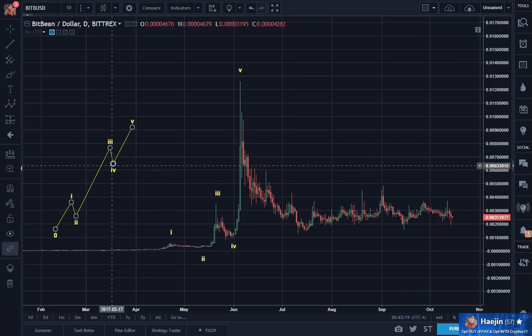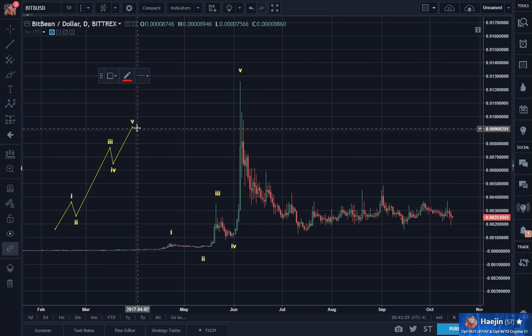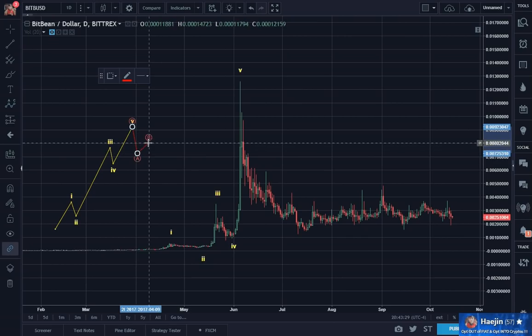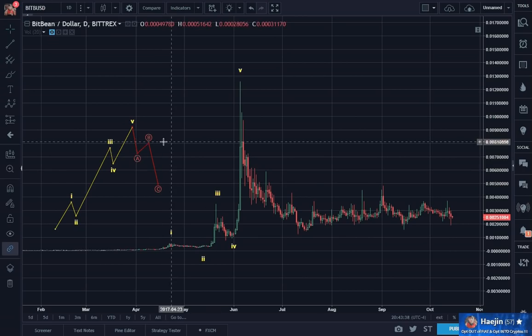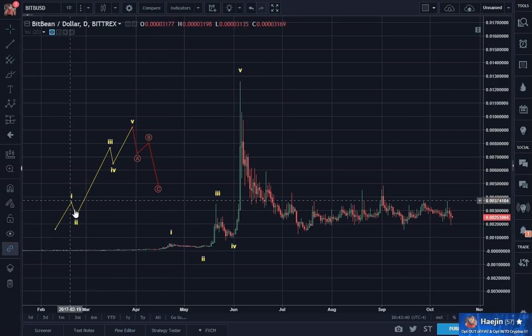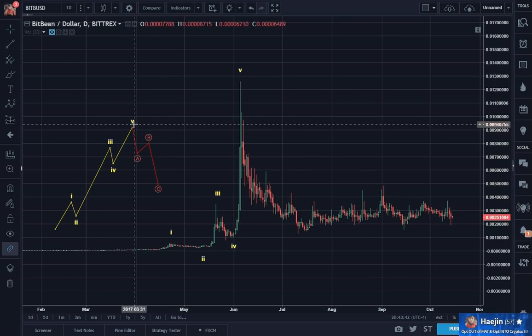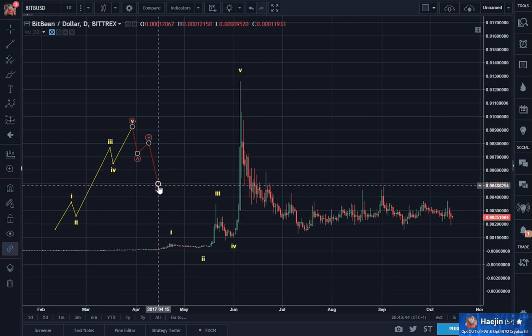When there is a completion of 5 waves, those 5 waves must be followed by an ABC 3-wave correction. No ands or buts about it. If you count 5 waves, you can expect the requisite 3-wave correction or retracement.